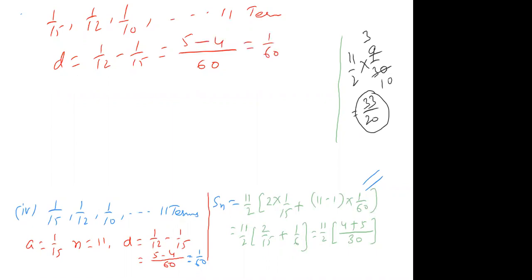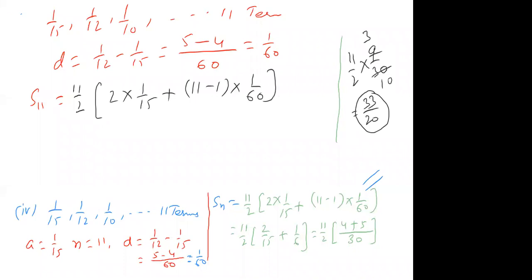So the sum of 11 terms, S_11, is equal to n upon 2, 11 upon 2, into 2a, where a is 1 upon 15, plus n minus 1, 11 minus 1, into d. D is 1 upon 60. So this is 11 upon 2 into 2 upon 15 plus 10 upon 60, which is 1 by 6.